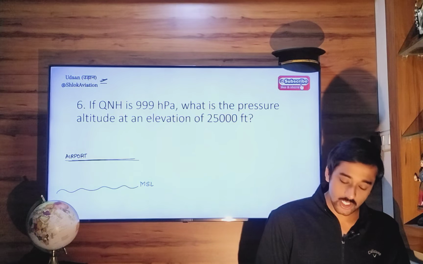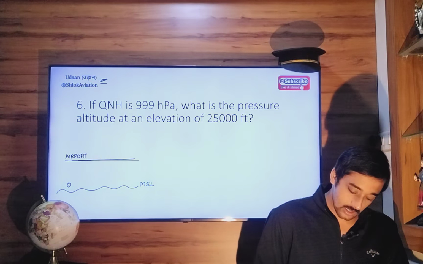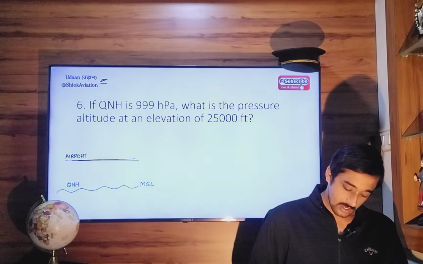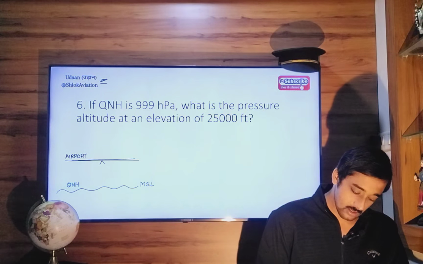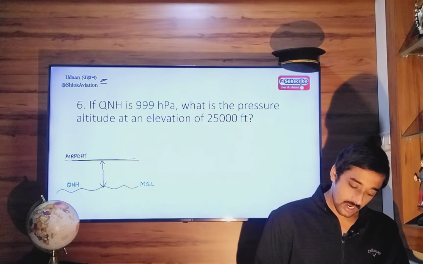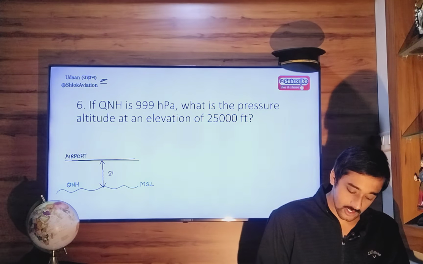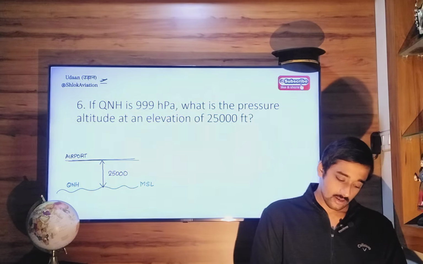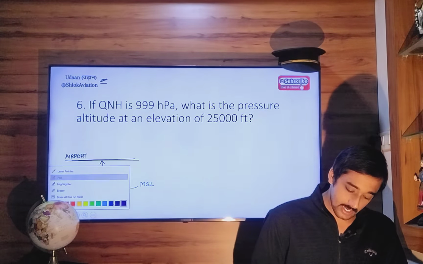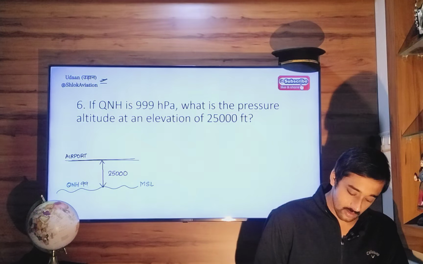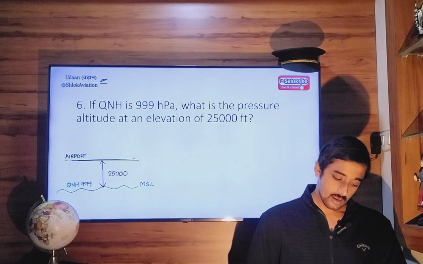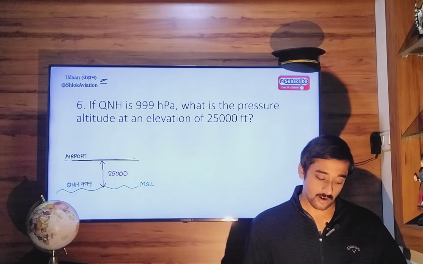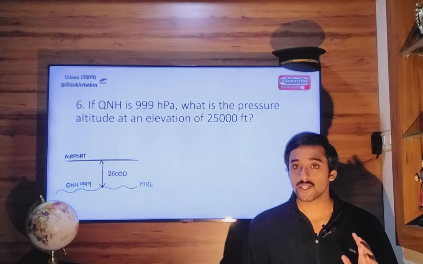Now the atmospheric pressure at mean sea level is called QNH. Elevation is 25,000. QNH is 999. Now we have been asked to find out pressure altitude at this elevation.